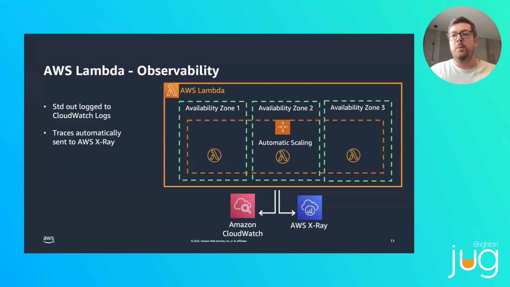But this is a really neat way of not having to do that extra work of producing a centralized logging solution. Your application just writes logs as normal to standard out, and they just get automatically shipped in near real time to CloudWatch Logs, and they're stored there for as long as you want.